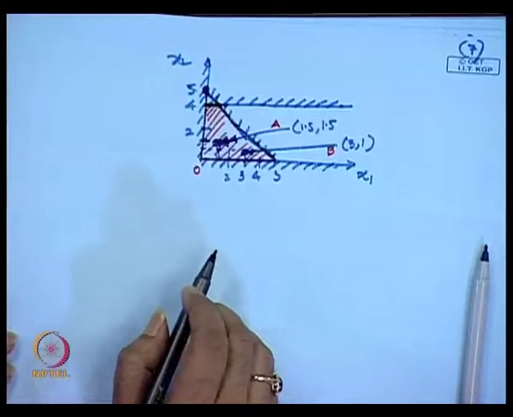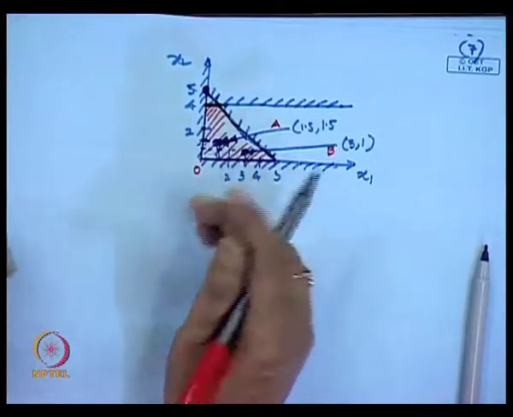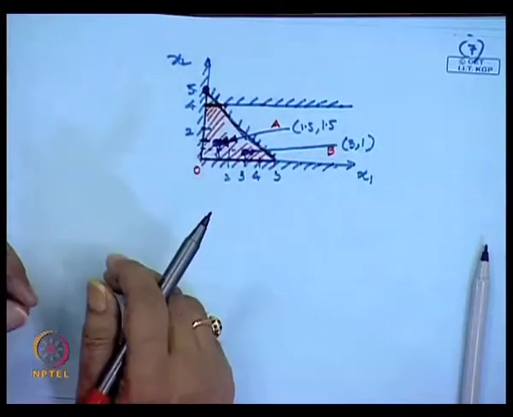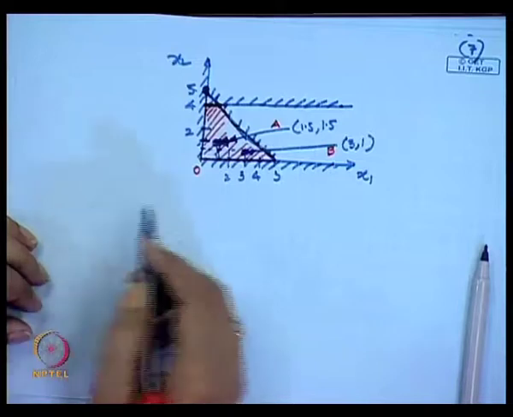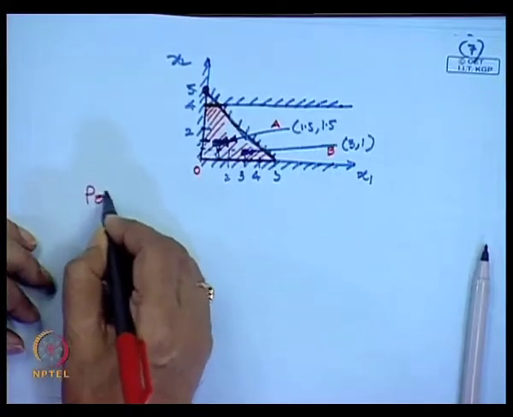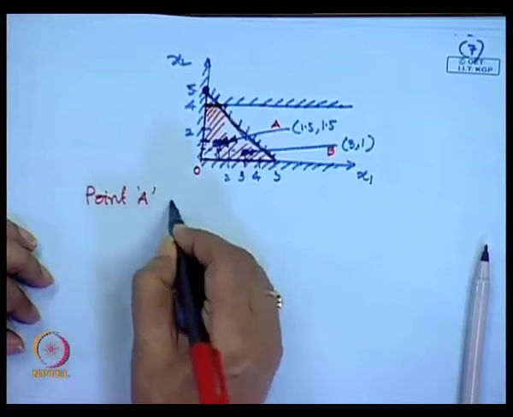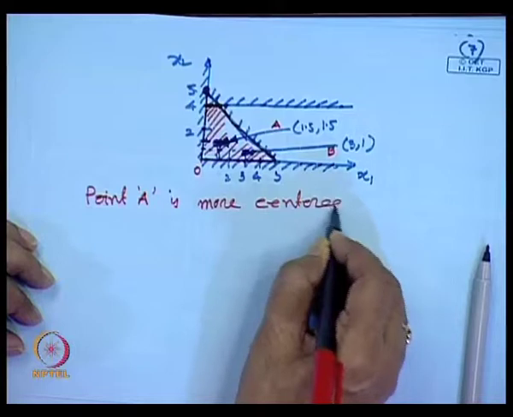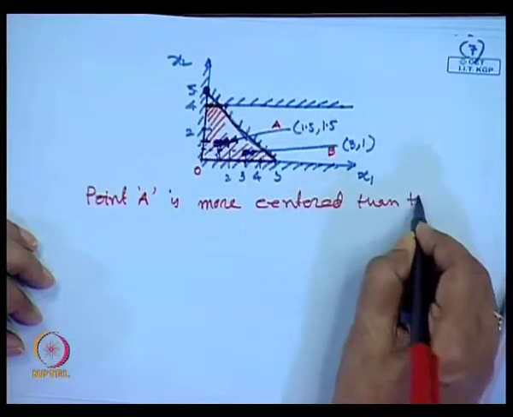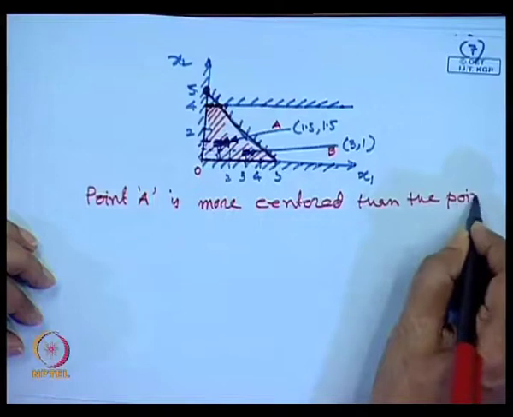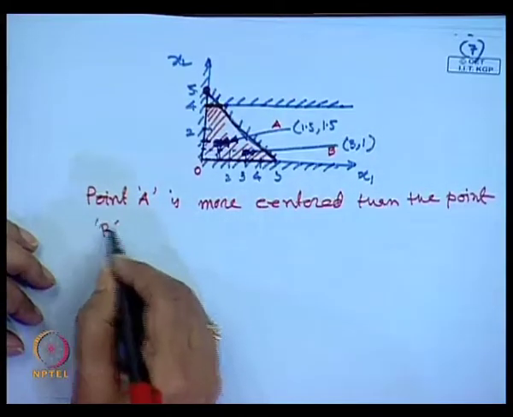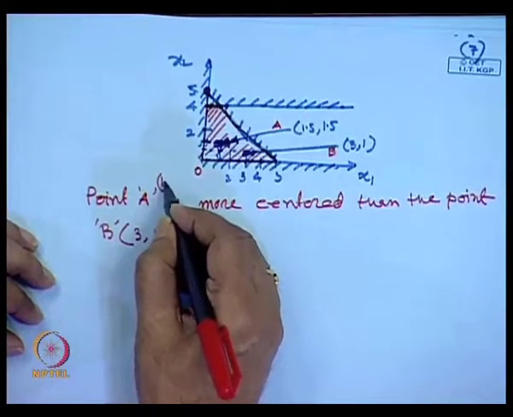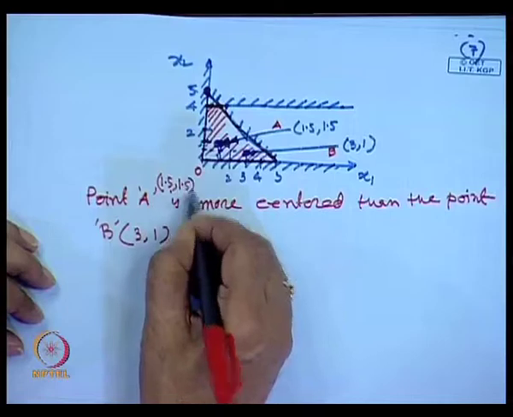Now, we can say that point A is more centered than point B. Point B coordinates are 3, 1 and point A coordinates are 1.5 and 1.5.